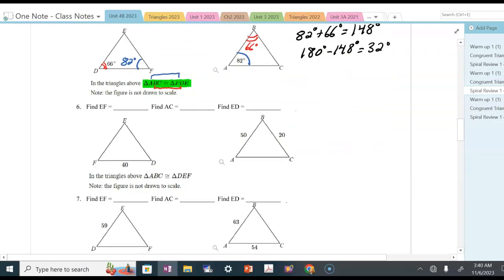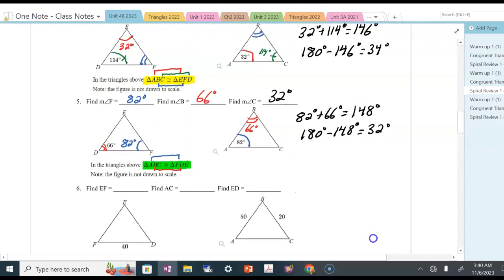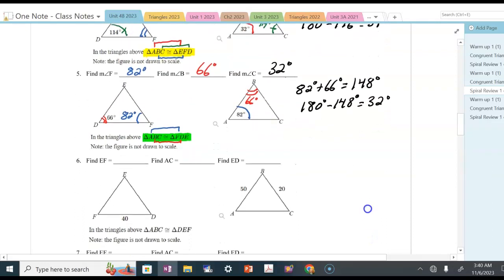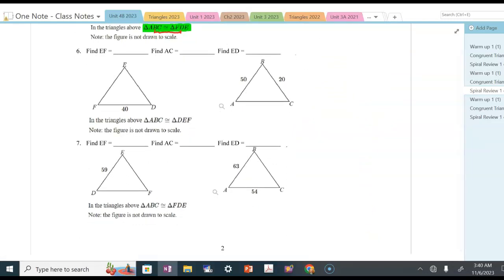If you look at problem number 6 and compare that to the first two questions, or excuse me, 4 and 5, this time I'm switching to sides. So in this particular problem, we're told ABC is congruent to DEF. That means AB is the same as DE.